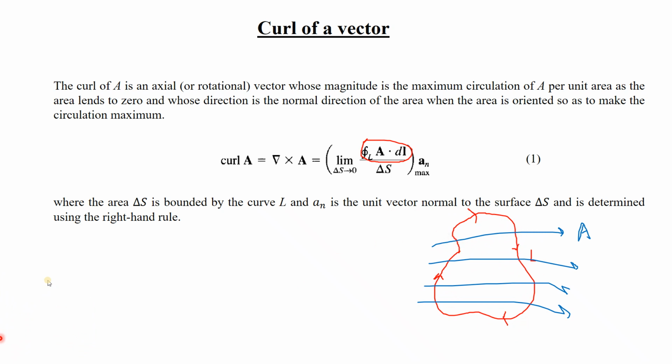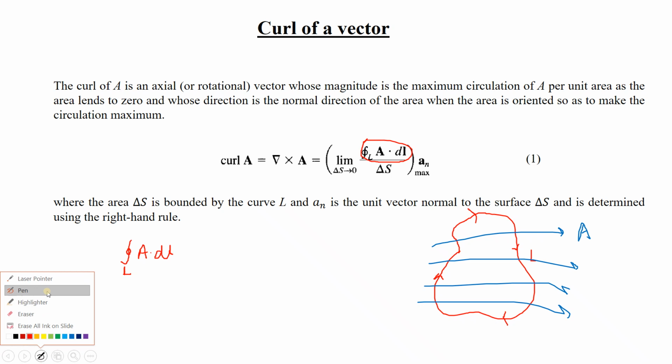So to determine the amount of the vector along this path, we have to calculate the closed line integral of A dot dl, which is called the closed line integral of the vector A. It is as if the vector is circulating in this clockwise direction, so the maximum amount of circulation takes place along the closed path.